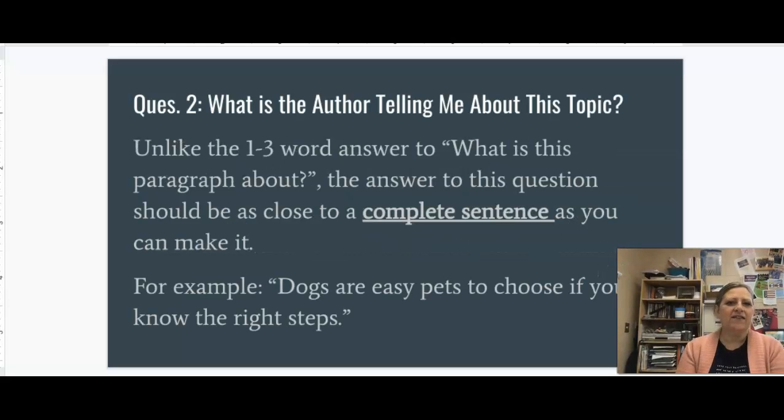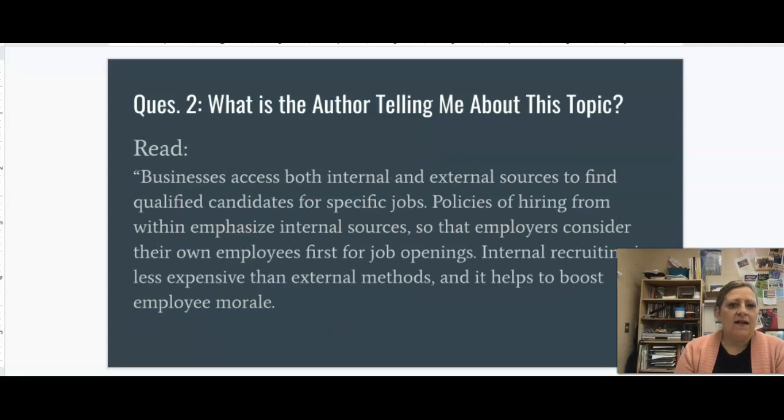So, unlike the 1 to 3 word answer, what is this paragraph about? The answer to what is the author telling me about this topic should be as close to a complete sentence as you can make it. For example, dogs are easy pets to choose if you know the right steps. That is the full topic sentence. So I want you to read this.